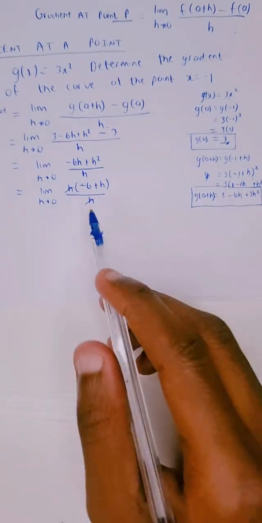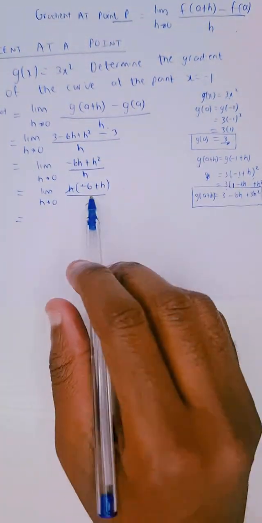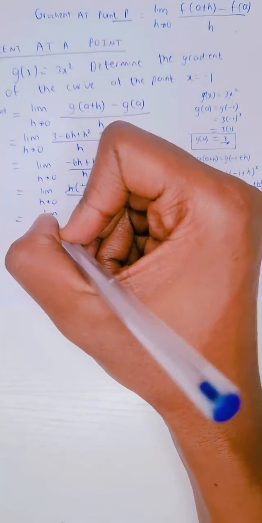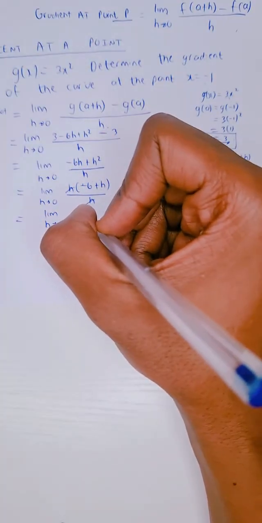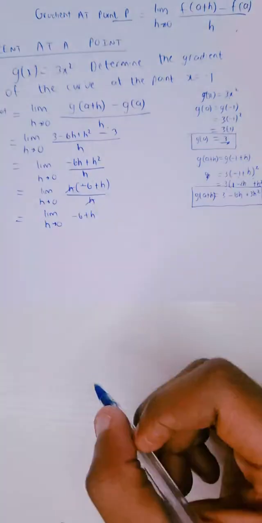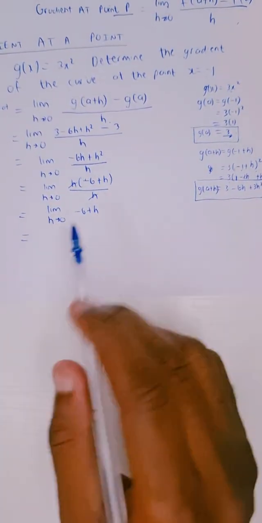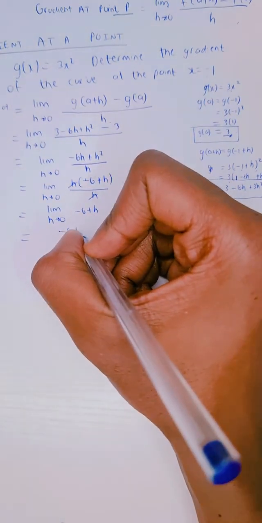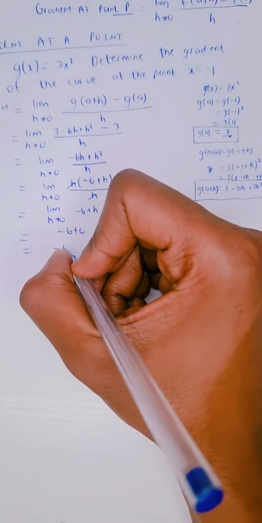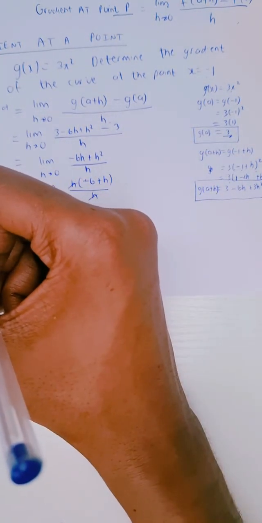Then of course I'm left with the limit of negative 6 plus 3h as h approaches 0. Now we can substitute 0 in the place of h and get negative 6 plus 0, which is negative 6.